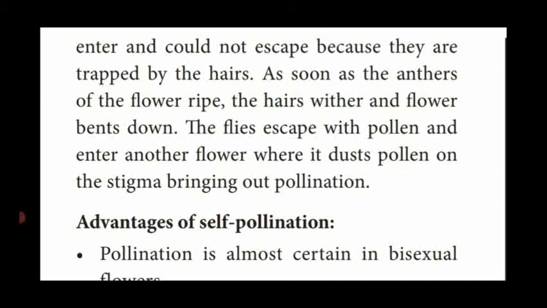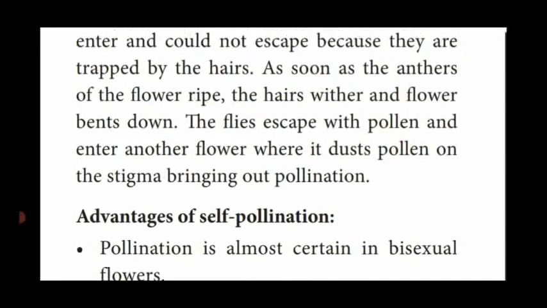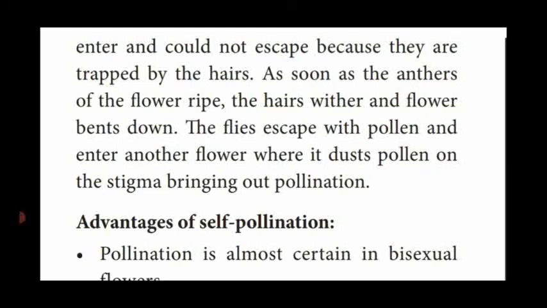The hairs of the perianth tube wither, and the flowers bend down. The flies escape with the pollen and enter another flower, where they deposit the pollen grains on the stigma, bringing about pollination. So this is said to be the trap mechanism of Aristolochia.